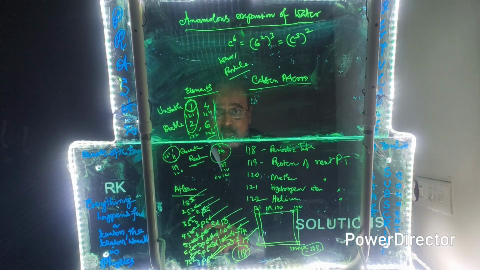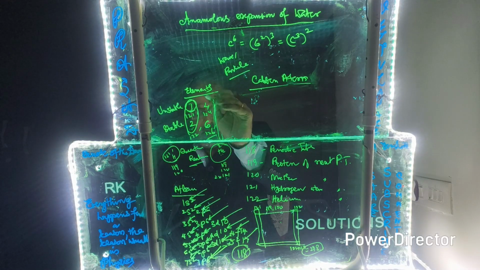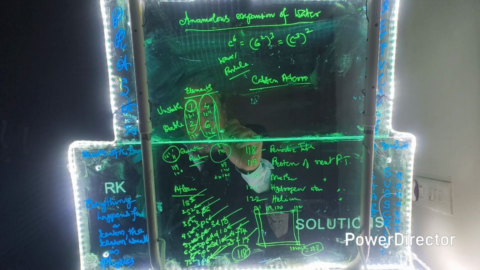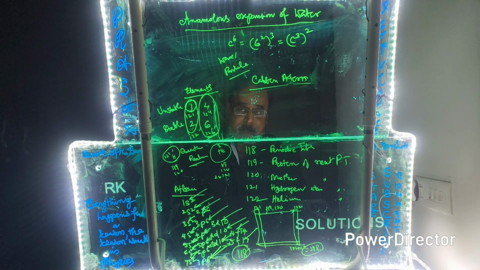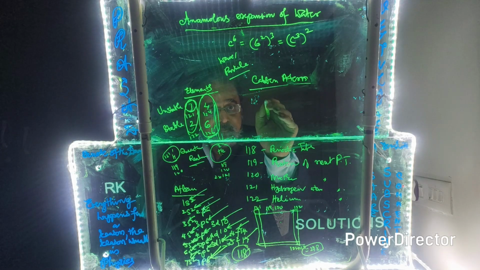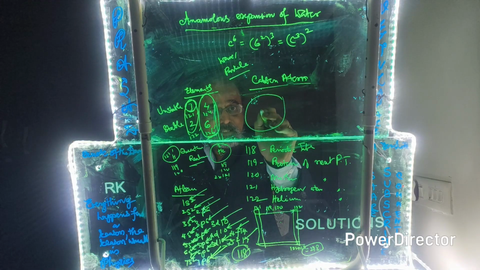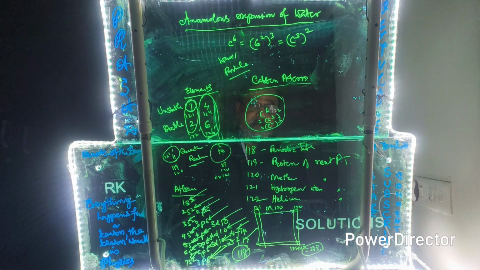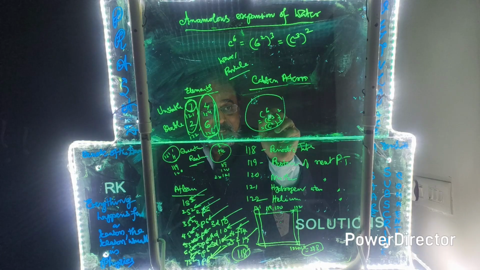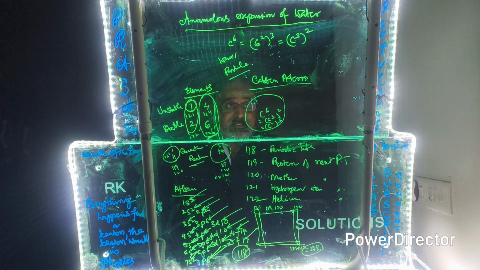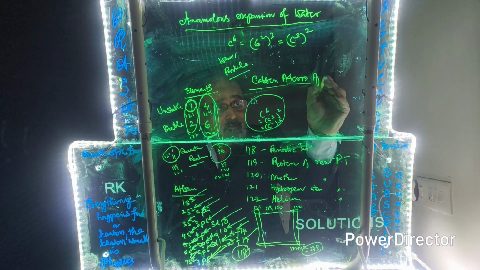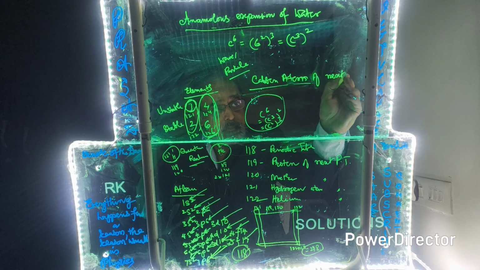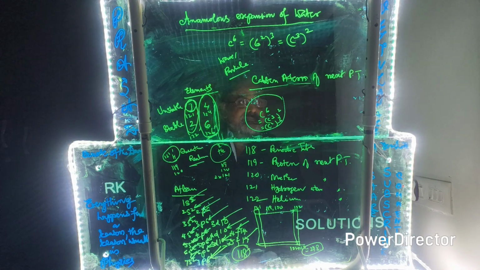What we are interested in is only this step, because this c raised to 6 is both the cube and square and cube. Here at this stage, that is the carbon atom of the next periodic table.